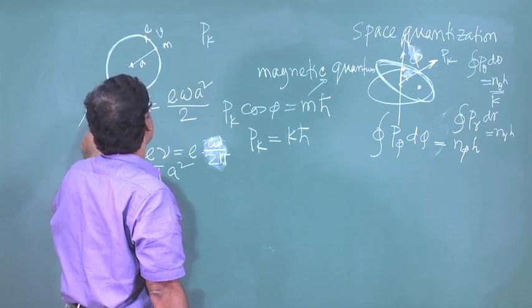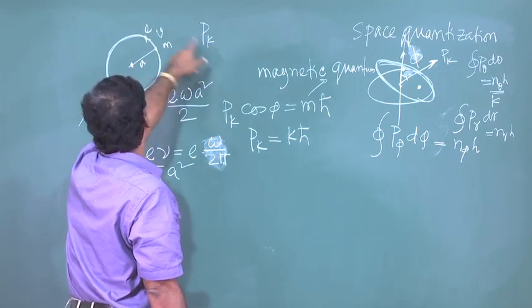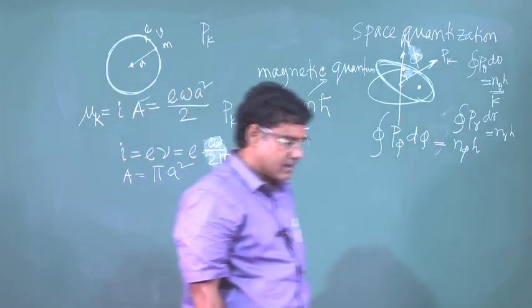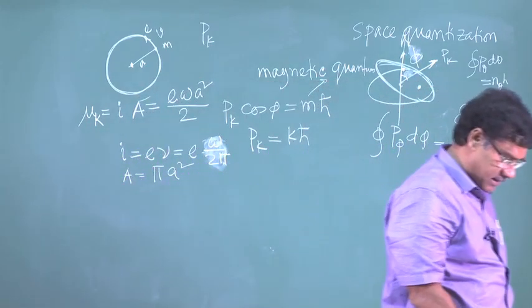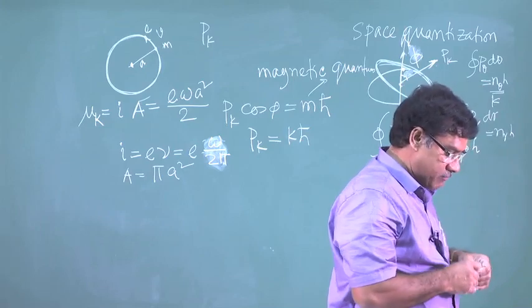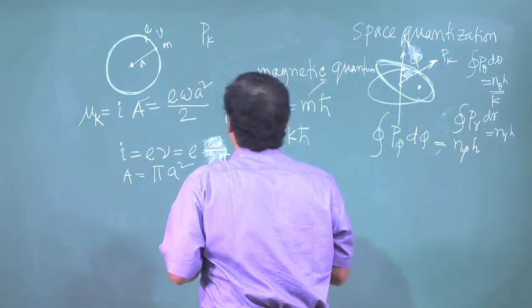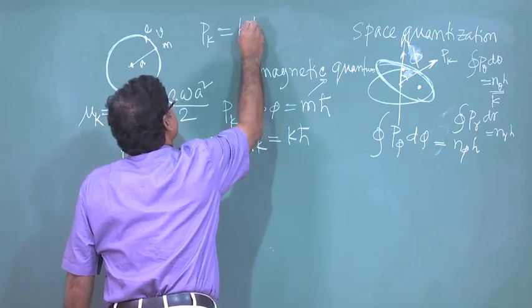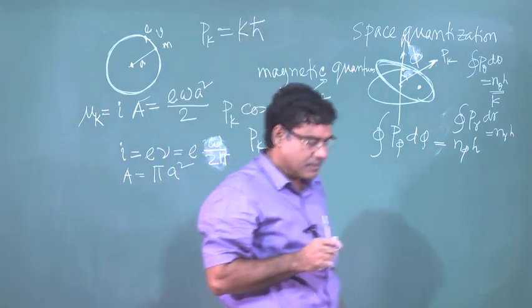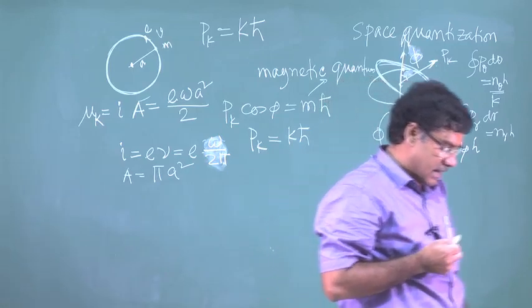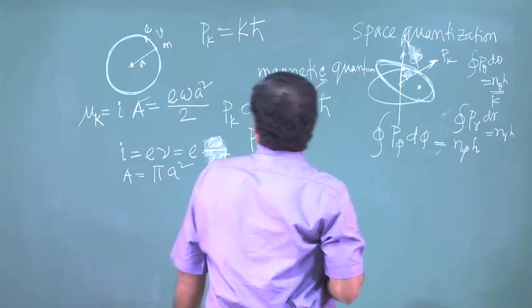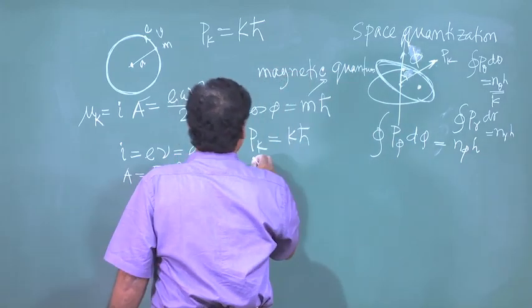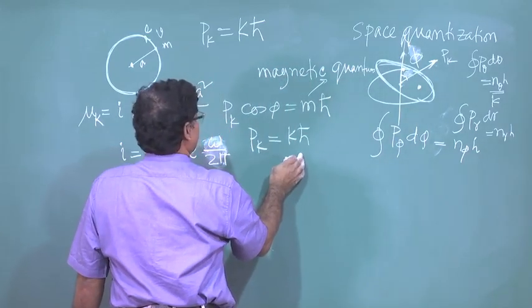So, it will get pk and the corresponding magnetic moment we will get, mu k. Now, pk equal to k h cross, and then we have the relation pk equal to h cross.